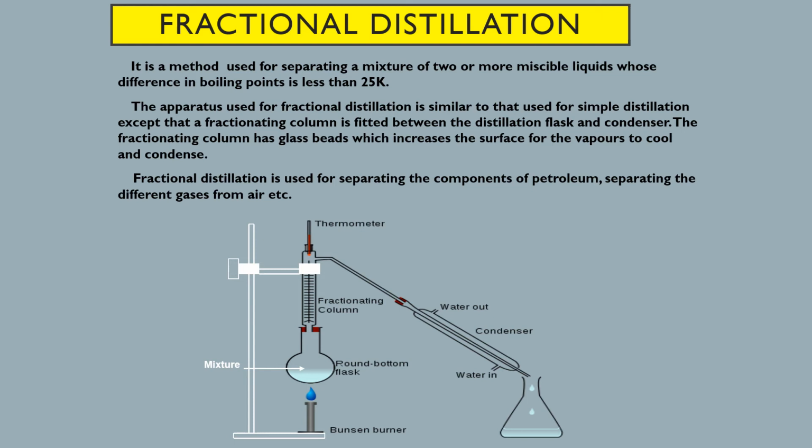Fractional distillation is industrially used to separate components of petroleum, and the different gases from air can also be separated using this fractionating column. So the apparatus is over here. Different fractions separate out and they can be collected at different temperatures. So this is called fractional distillation.